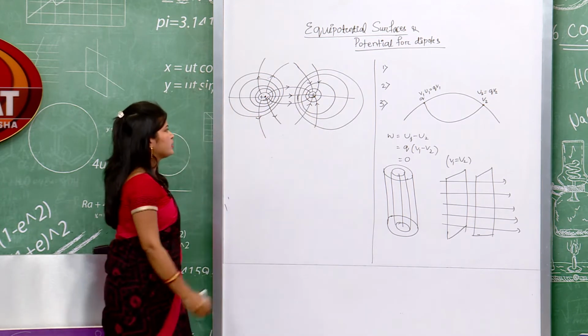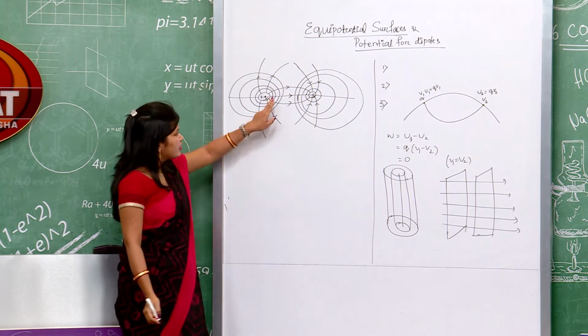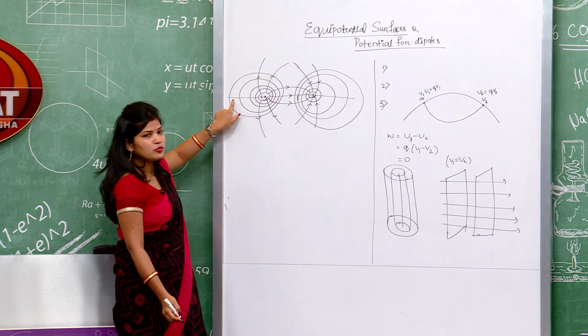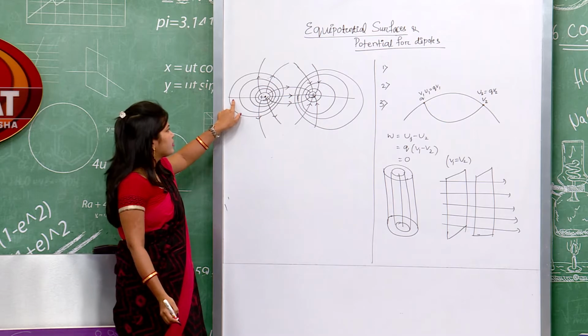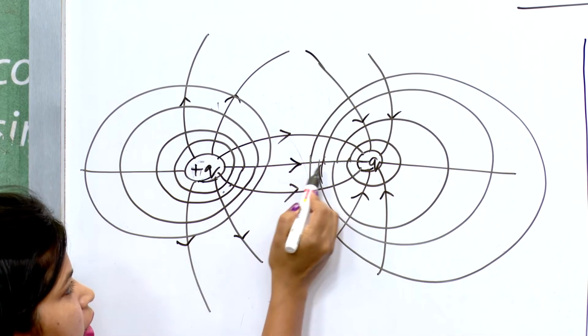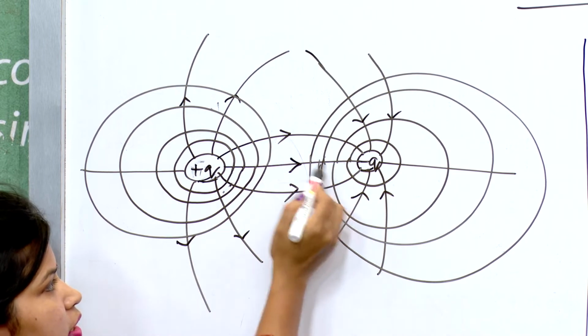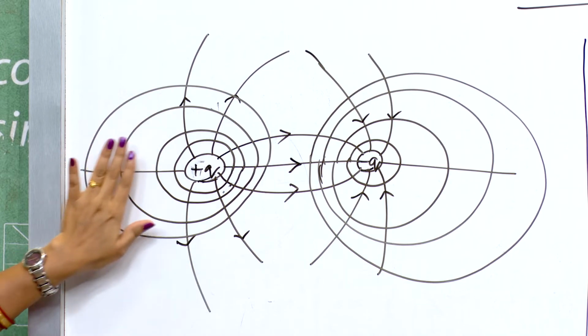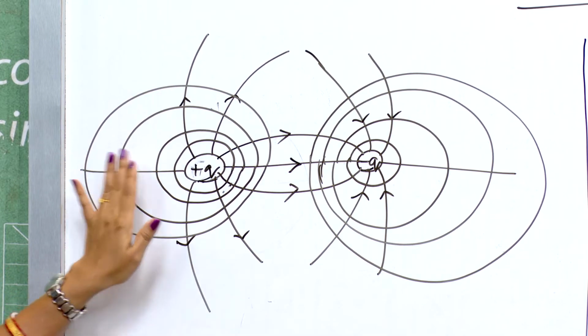So, these are the equipotentials. See, here the distance is less and here the distances are more. Why? Because in this region the electric field is maximum, that is, here you find the strong electric field, but here you find a weak electric field in comparison.